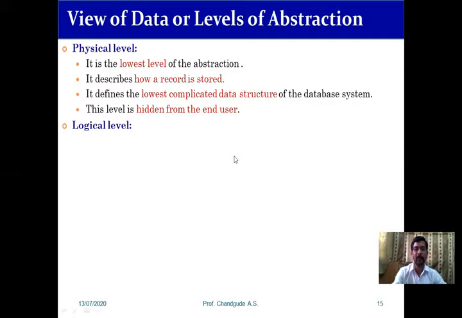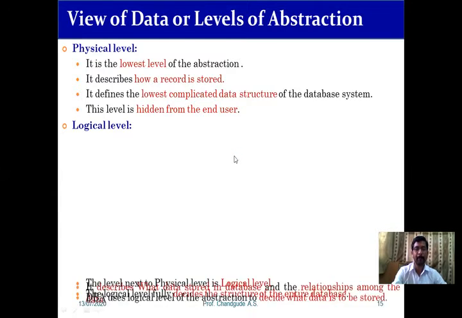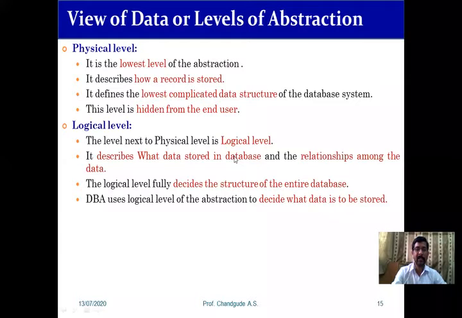The next level of abstraction is the logical level, which comes after the physical level. It describes what data is stored in the database and the relationships among the data.